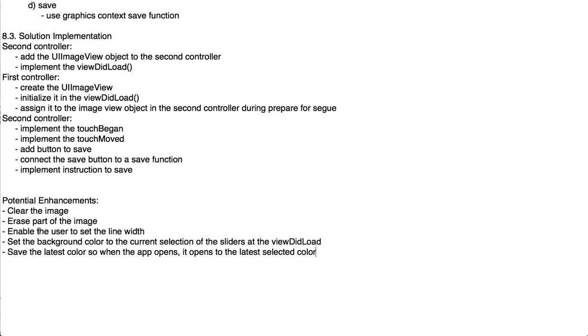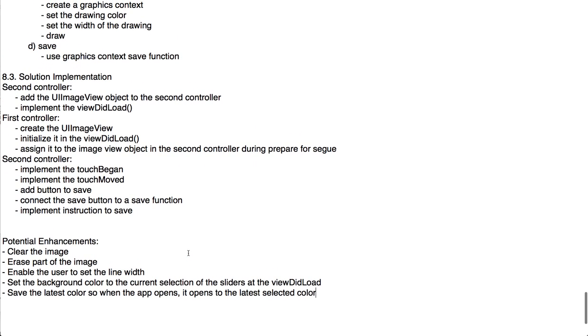So these are lots of enhancements that you can think about and implement. The last one, you need to do the shared object concept that I talked about when we discussed the navigation and moving data from one screen to the other. So I'm going to do another video for the save, and then you guys can think about doing that stuff. And if you have any questions, let me know.